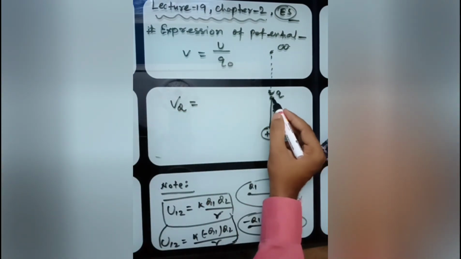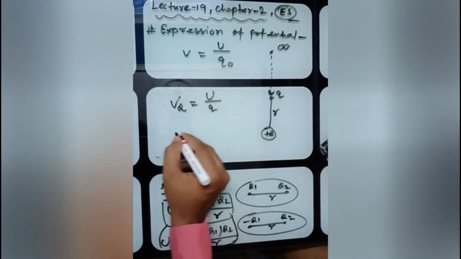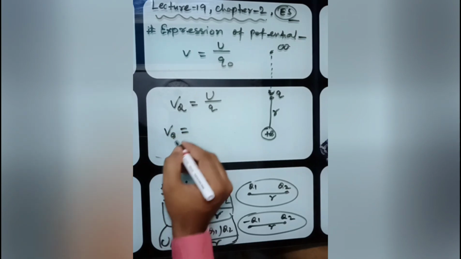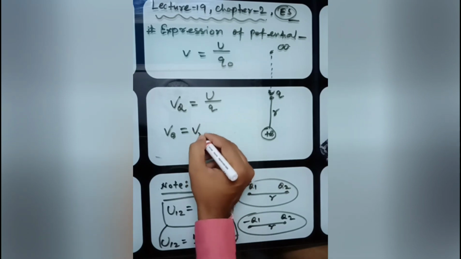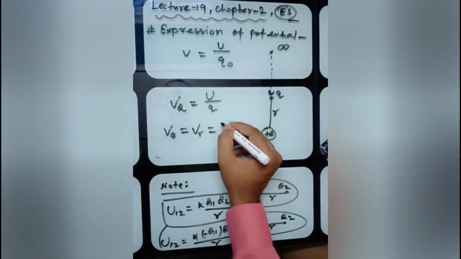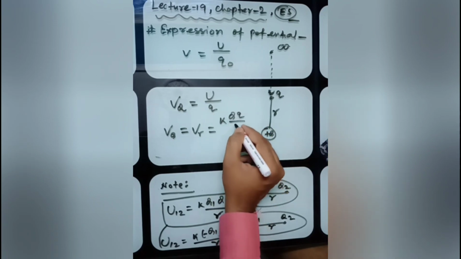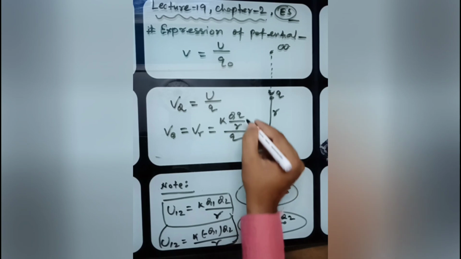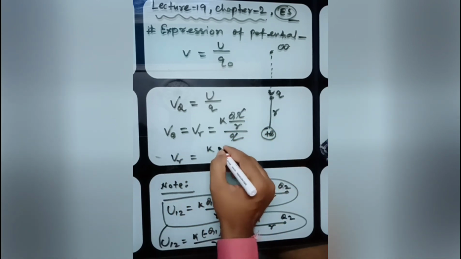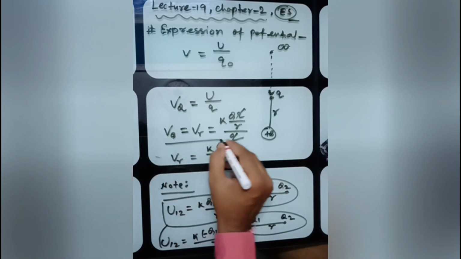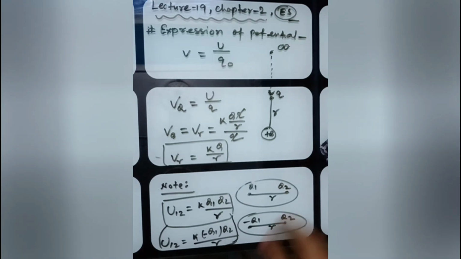It means you have to divide the potential energy by this charge. Potential of this charge at distance r, V(r), is k Q q by r divided by q. So q cancels out and you have the potential at distance r as kQ by r. My dear students, this is the mathematical expression for electric potential.